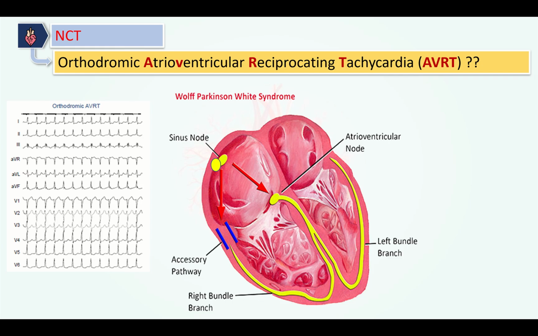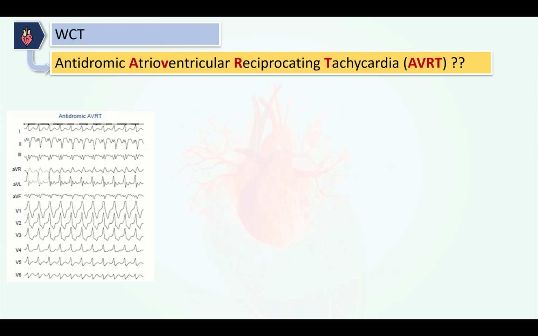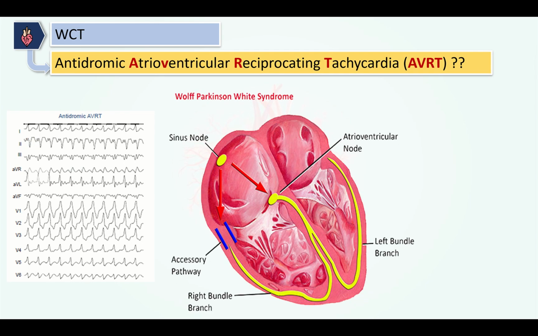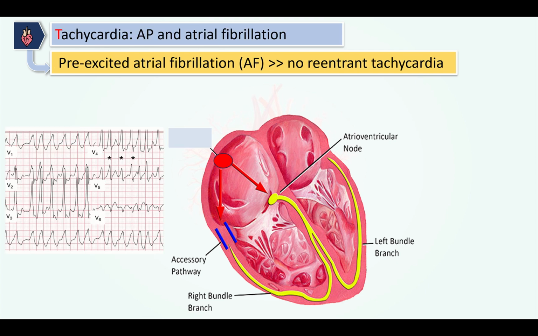You should differentiate other SVTs like AVNRT and atrial tach. Meanwhile, in antidromic tachycardia, it's a different story. The impulse will go down through the accessory pathway, retrograde AV node. In ECG, it's a wide complex tachycardia. You have to discriminate from VT and SVT with aberrancy.